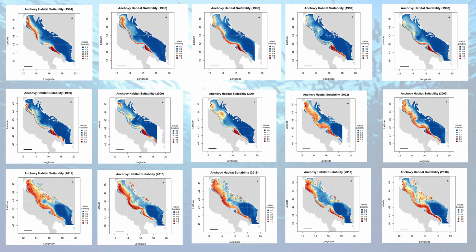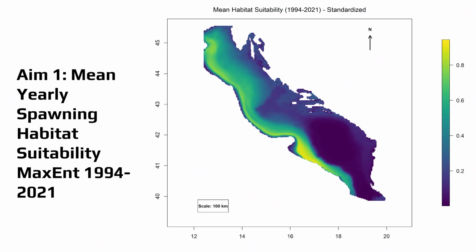So we do have quite a lot of variability. Each image does not look exactly the same. And here is the mean of the yearly spawning habitat suitability over the entire 28-year period. The areas here in the yellow are consistently predicted as highly suitable for anchovy spawning.